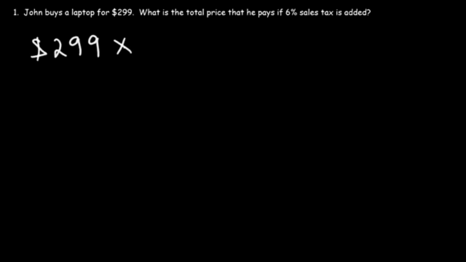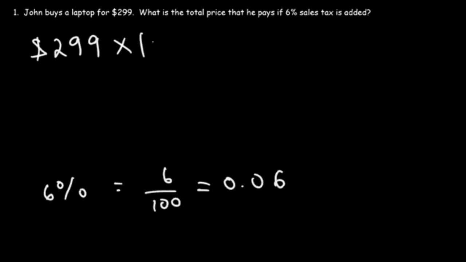So we need to convert the percent into a decimal. To convert 6% to a decimal, simply divide the number by 100. So it's basically 6 over 100, which is 0.06. $299 times 0.06 is $17.94.